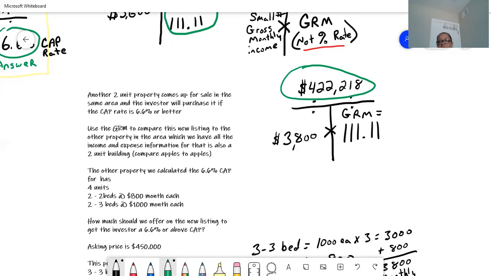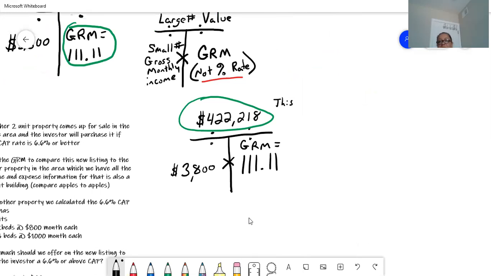This should get us in that 6.6 cap rate range. You see how it's useful without having any of the property's info, really?